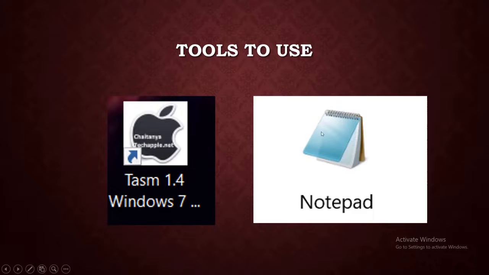And then of course, we only need a notepad in order to write our codes or our TASM codes, and then we will run it on our TASM 1.4 application. Okay, so our notepad will be our editor. All of the computers that we have now have a notepad, so we don't have any problem.